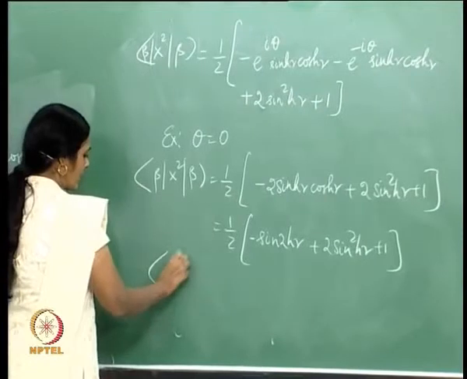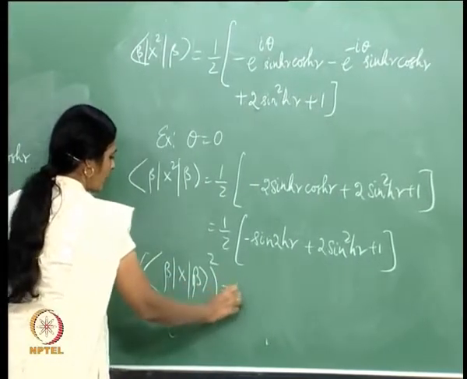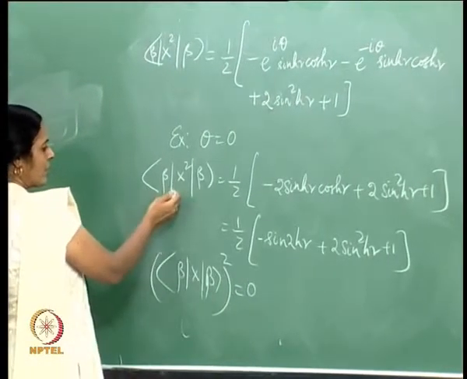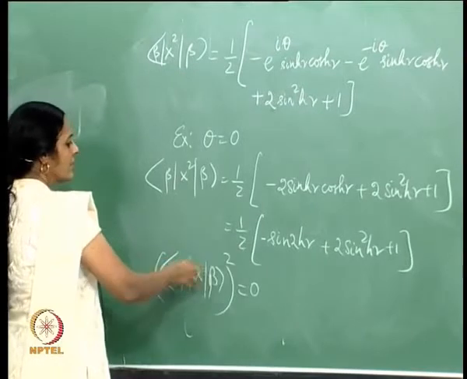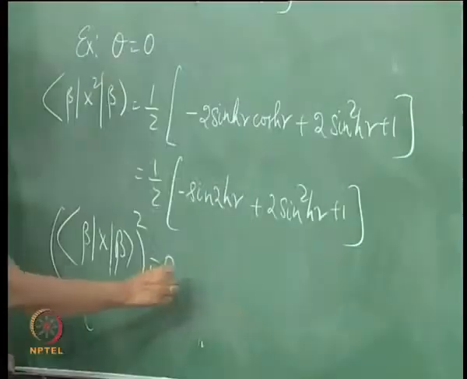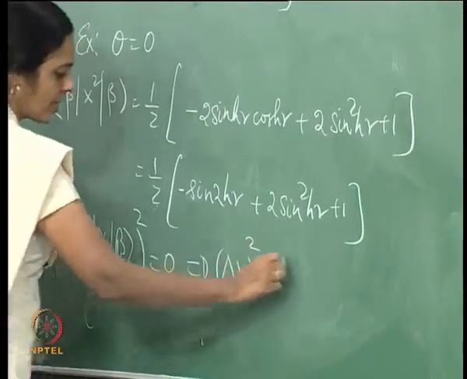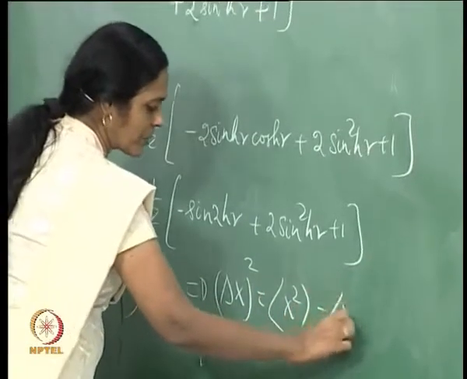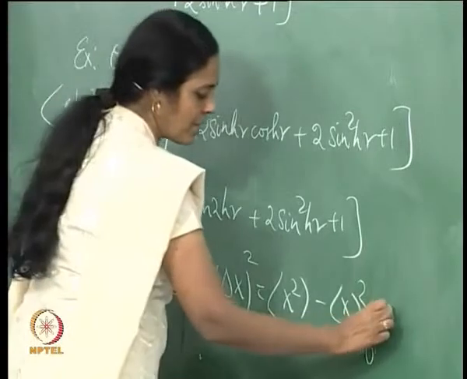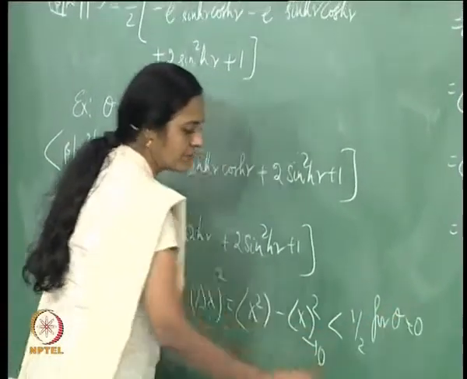Since expectation x the whole squared was 0 because expectation x was 0, and expectation x² is less than half for this example when θ is equal to 0, this implies Δx the whole squared, which is expectation x² minus expectation x the whole squared, is less than half for θ equal to 0.